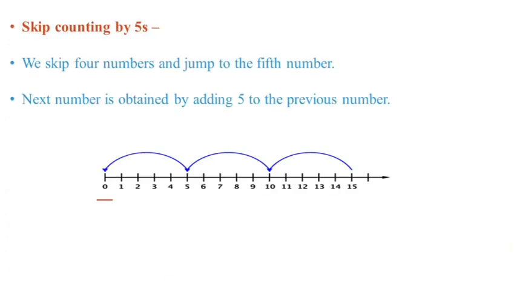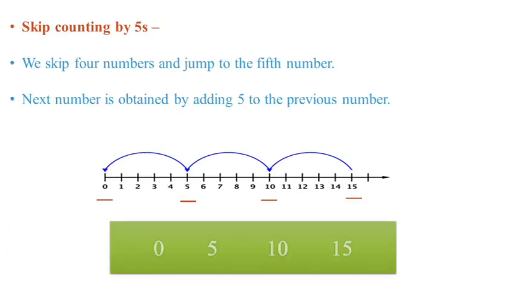Here is skip counting by 5. We skip 4 numbers and jump to the 5th number. So if we start at number 0, we have to skip 4 numbers which are 1, 2, 3, 4. The arrow will jump and reach the number 5. It's the 5th number.